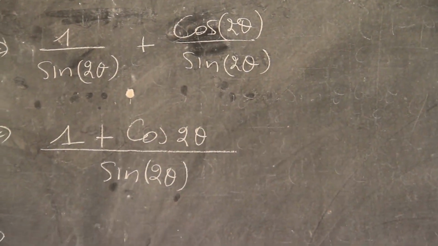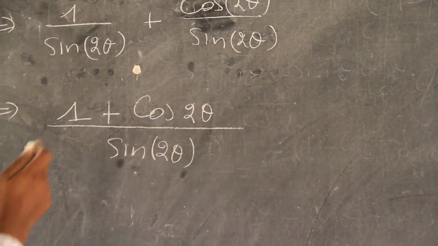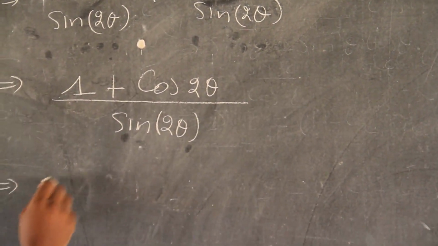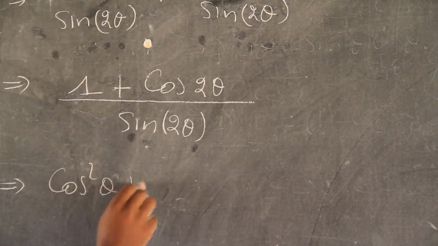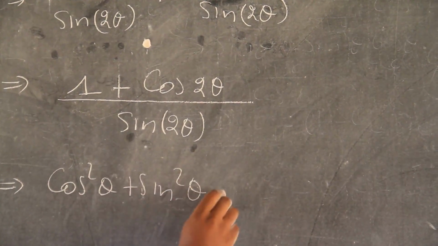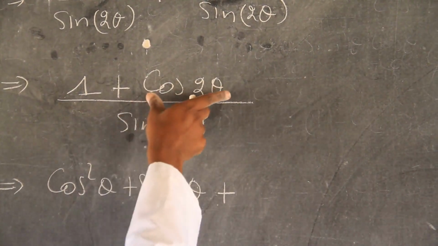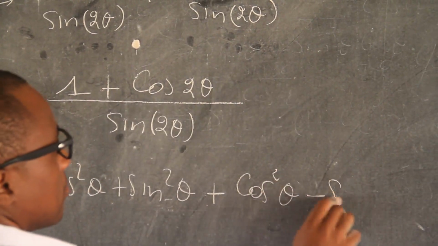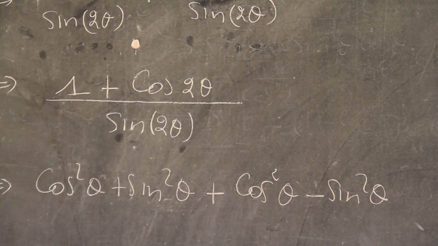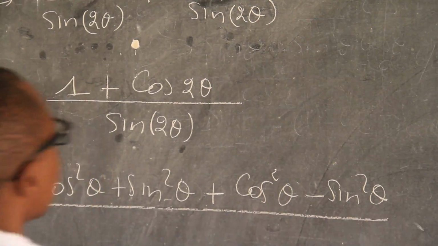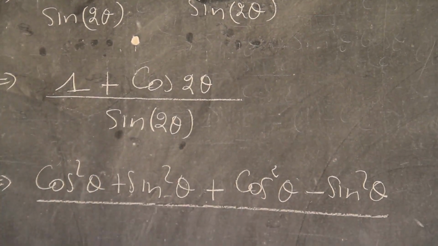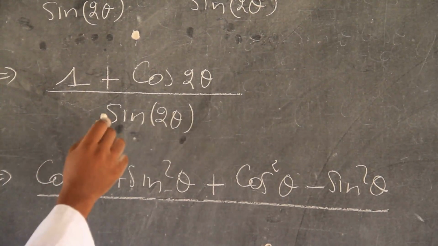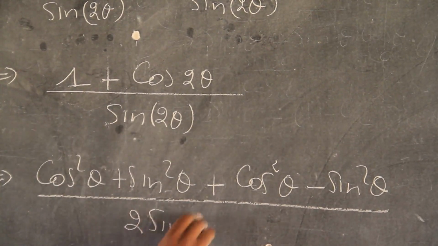Now, I can replace this one by using Pythagorean: cosine square plus sine square. Replace this one also. It is cos minus sine. I can replace this also by 2 sine cos.